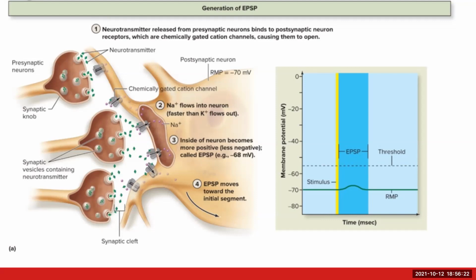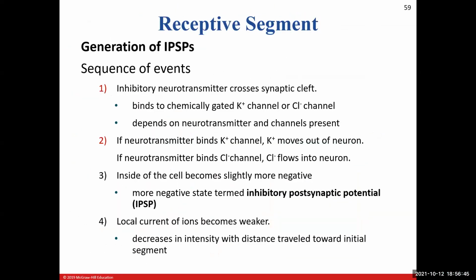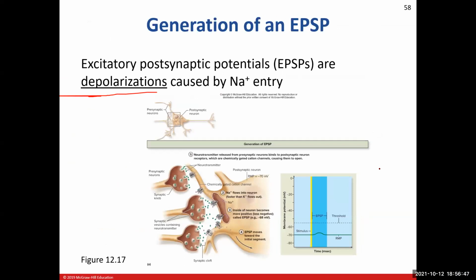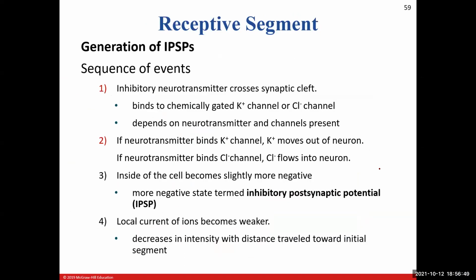We need to get the resting membrane potential to change 15 millivolts and convert that membrane potential to -55. This has to happen at the initial segment, and that will cause the propagation of an action potential. More on that, we'll get there. So that is the generation of an EPSP.